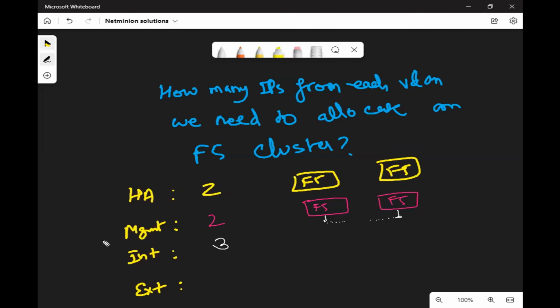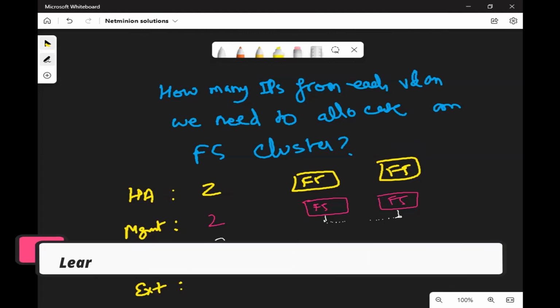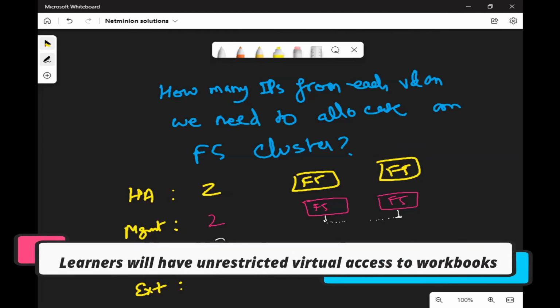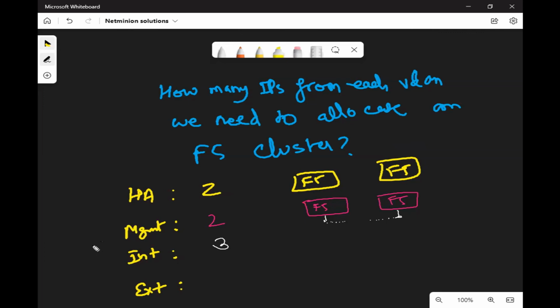And external is the same thing: 1 floating IP and 2 normal IPs. So out of whatever subnet you are taking, these IPs will be configured on F5. This part is clear? Yes.